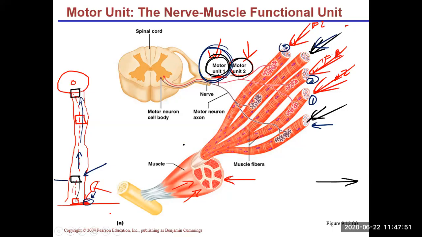So now more nerves are going to stimulate more muscles at the same time, and you get it up to here. But if you wanted to hit the top and win the prize, then you have to stimulate both of them at the same time. Motor unit 1 and motor unit 2 have to work together, and all of them are going to contract, and obviously that will give you the highest power.